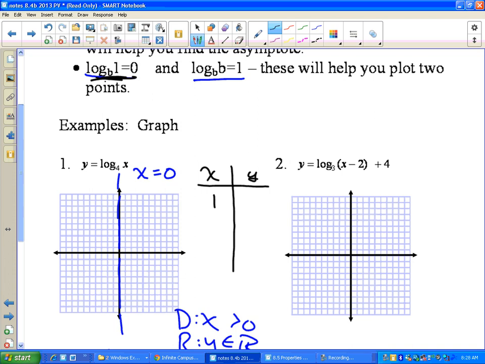What's the second point I want to plot? I want to plot 4 because this is base 4. So I am doing log base 4 of 1 is equal to 0.